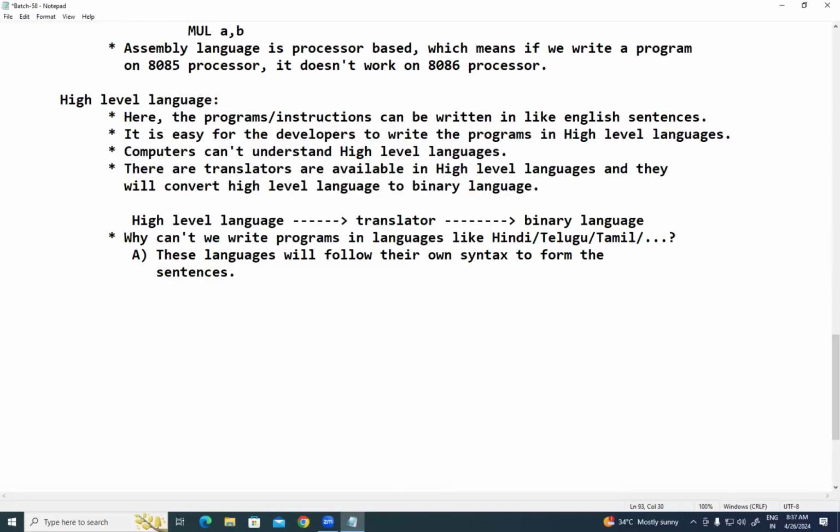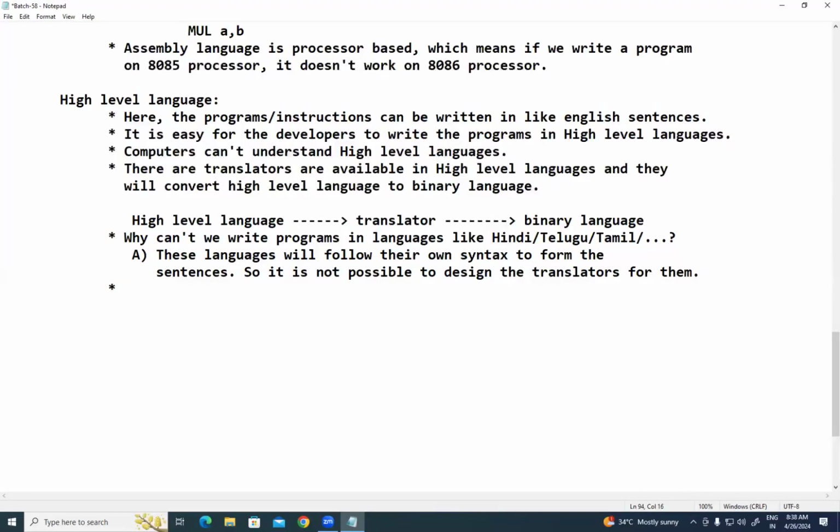Am I clear? Yes. So it is not possible to design the what, guys? Translators for them. Able to get my point?